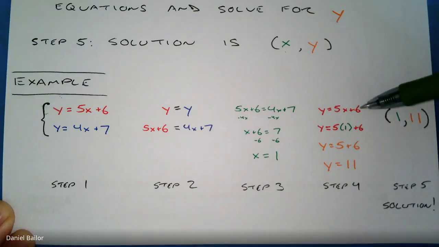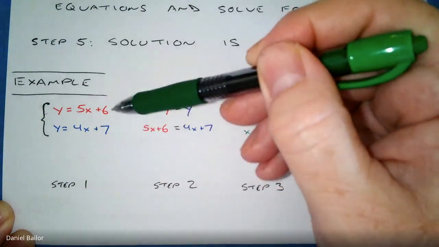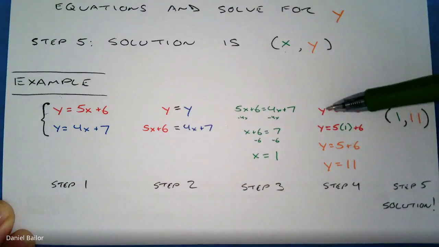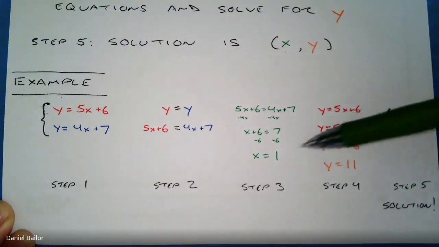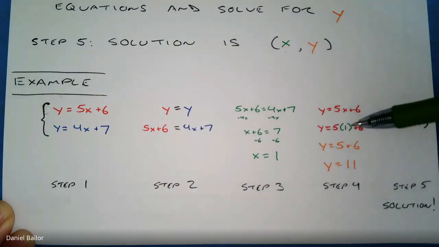For this step 4, I just picked the red equation. You can pick the red or the blue, does not matter. I picked the red. And so I have my red equation, and I take the x from step 3, I put it inside. I substitute, like substitution method. So now x is 1, because I found x is 1. And then I solve and find y.